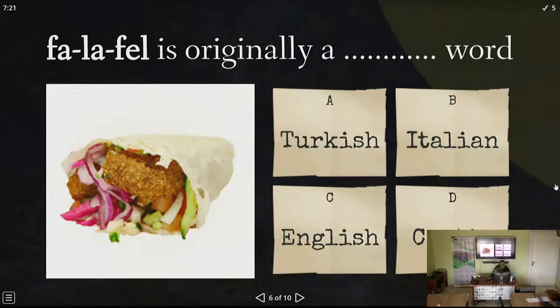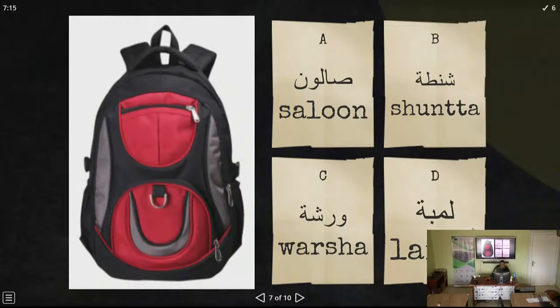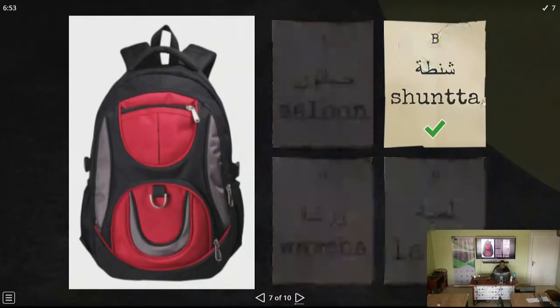Okay, so it's originally a Coptic word. I hope you come one day to Alexandria and enjoy eating falafel. And what about this one? Okay, so this is shanta of Turkish origin.